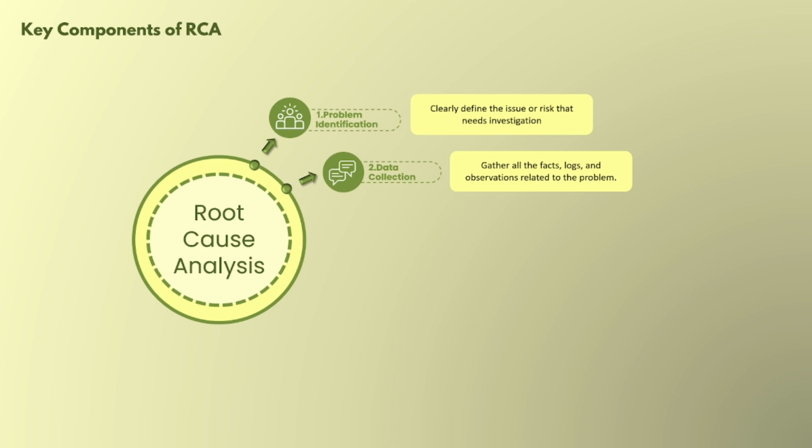And the next is root cause identification and verification. Here we analyze the data to find out what actually caused the problem. We want to go to the root of that particular problem. Now pay close attention here. It's not just about spotting the root cause, we also need to verify it. That means double checking to make sure we have actually found the real issue and are not just making some assumption.